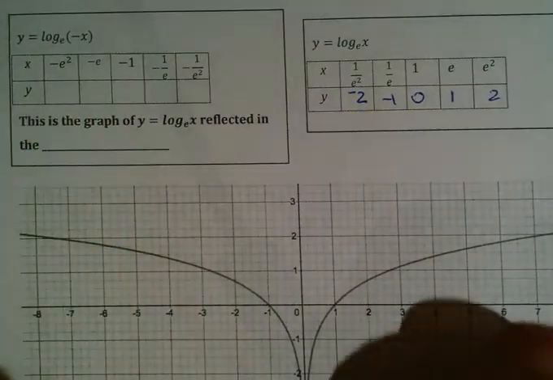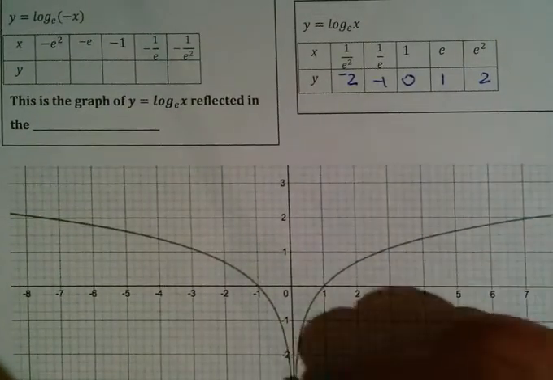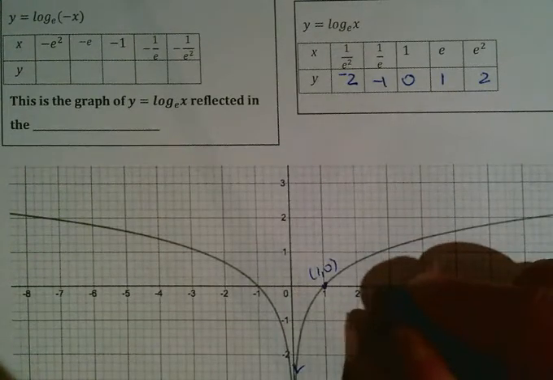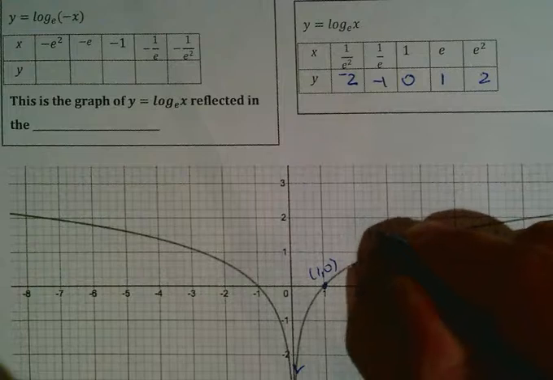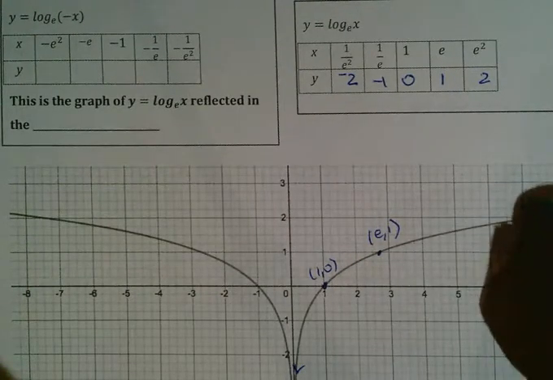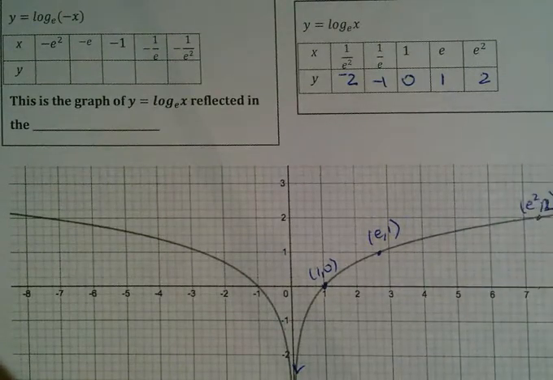And so we can see that this curve over here on the right is log to the base e of x. All right, so you've got here the point 1, 0, you've got the point here e, 1, and you've got here about there e squared, 2.